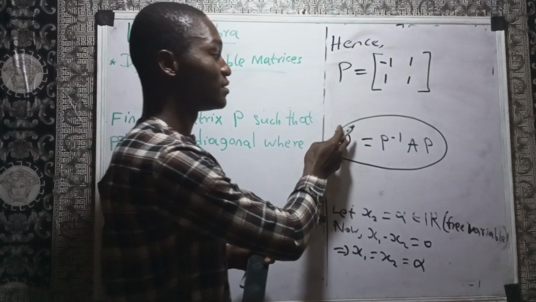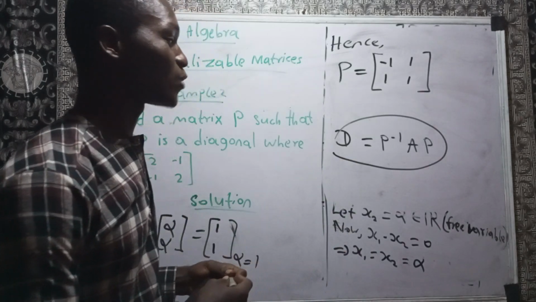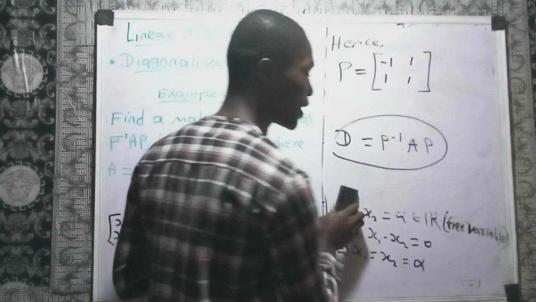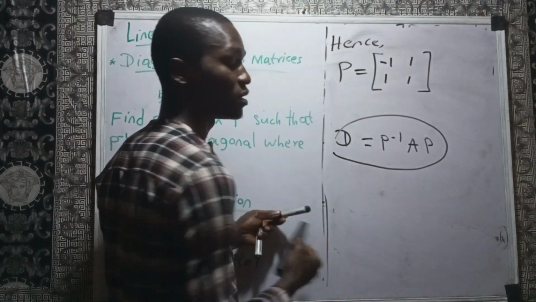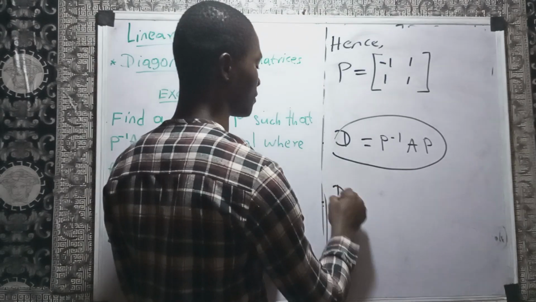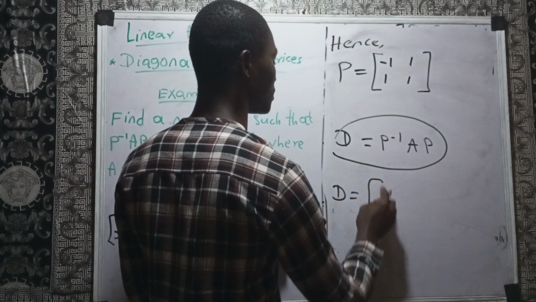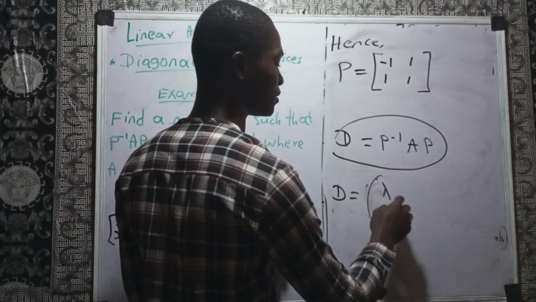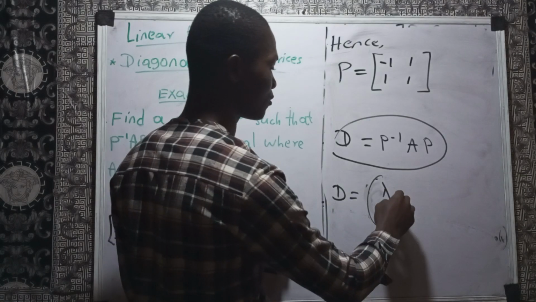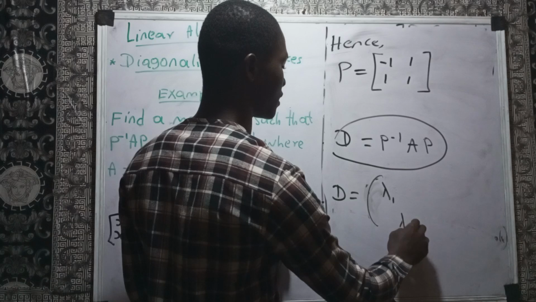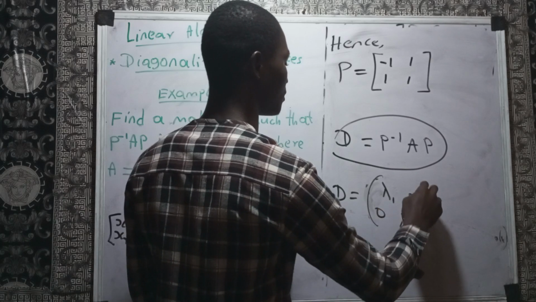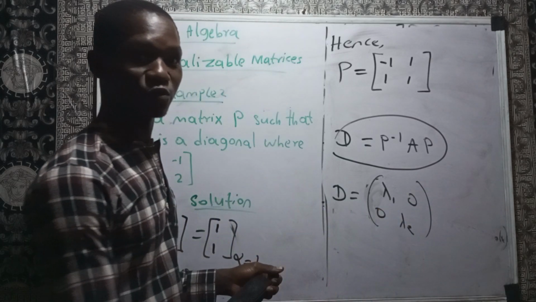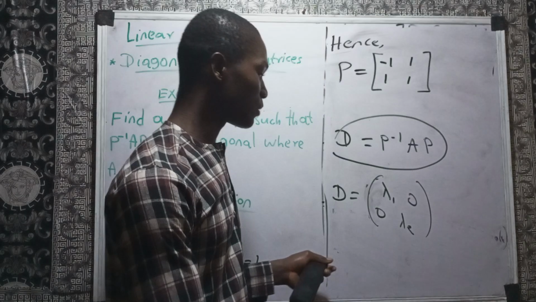So this matrix D, this diagonal matrix, will actually be formed by what? It will be formed by those two eigenvalues. So the diagonal matrix will be formed by the principal diagonal. We have lambda 1, lambda 2. Here will be 0, 0. Because your matrix A is 2 by 2, it will be a 2 by 2 diagonal matrix.